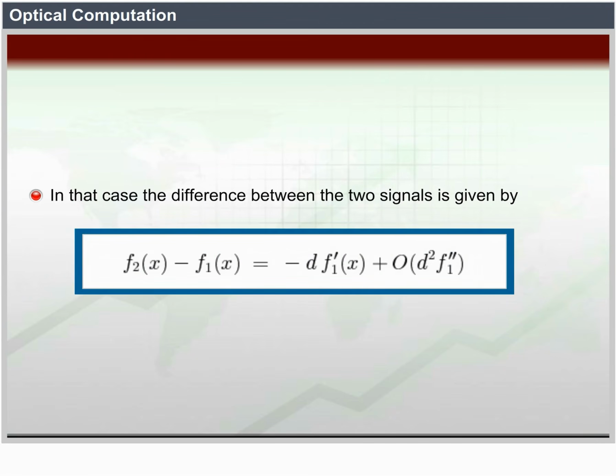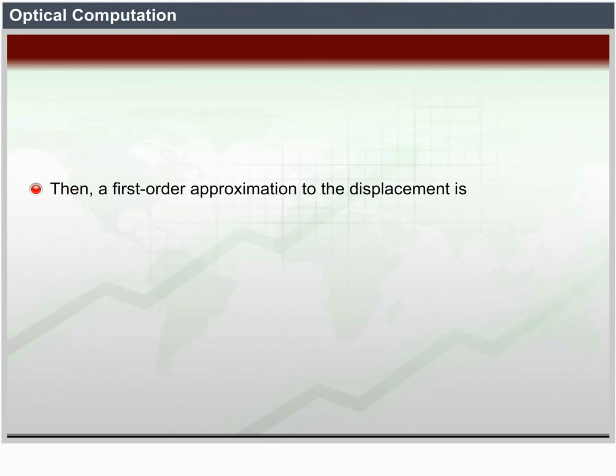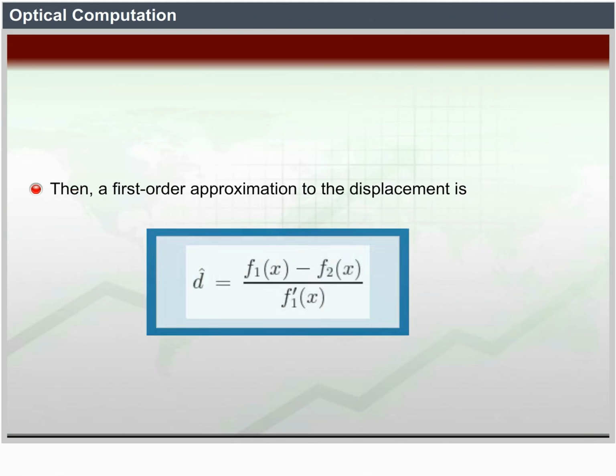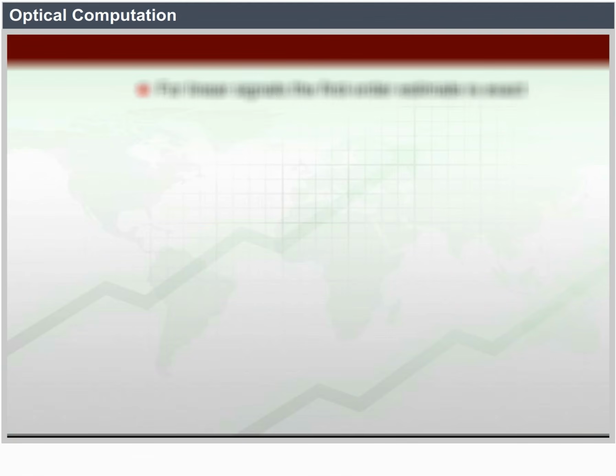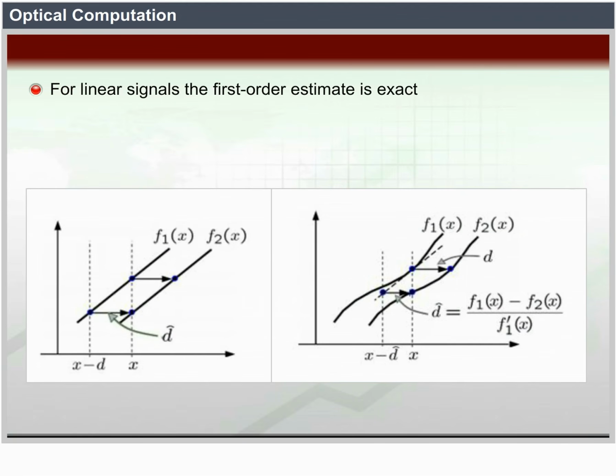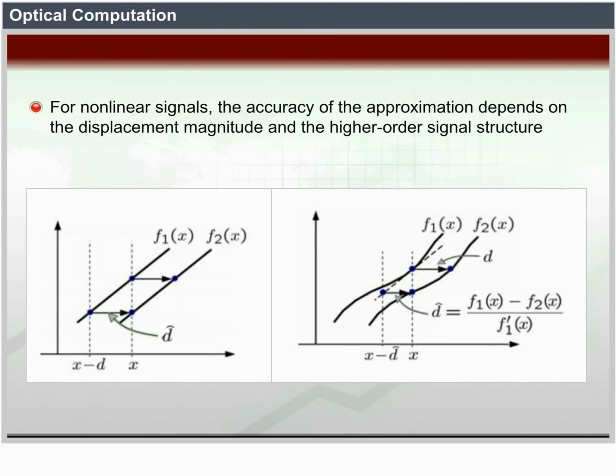Then a first-order approximation to the displacement is shown. For linear signals, the first-order estimate is exact. For nonlinear signals, the accuracy of the approximation depends on the displacement magnitude and the higher-order signal structure.